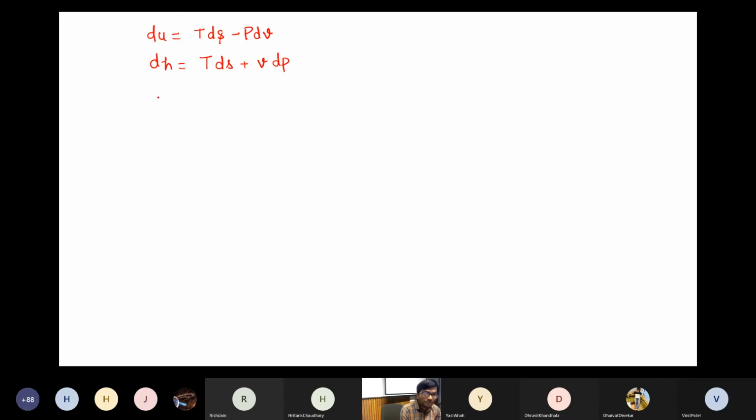To tabulate my property table, actually. The whole idea of doing all these exercises is to tabulate my property table. That's all. Nothing more physical in it, right? So this chapter is more of a mathematical construct.